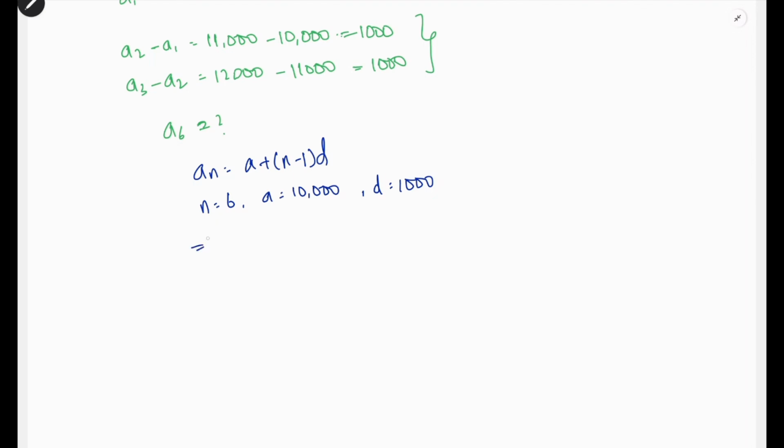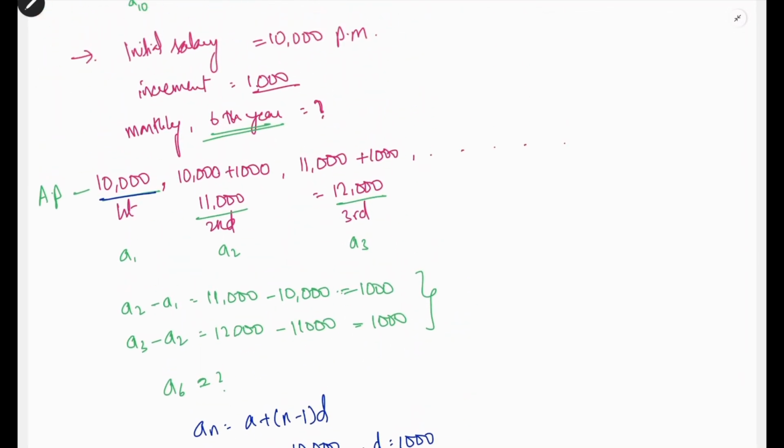We substitute: a6 is equal to 10,000 plus n minus 1, which is 6 minus 1, into 1,000. It is 10,000 plus 5 into 1,000, 5,000, it is 15,000. So the person gets 15,000 every month for the sixth year.